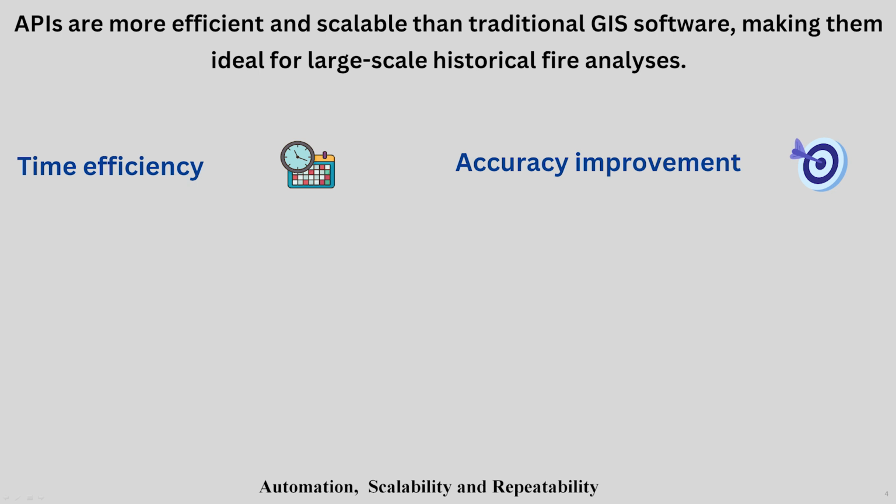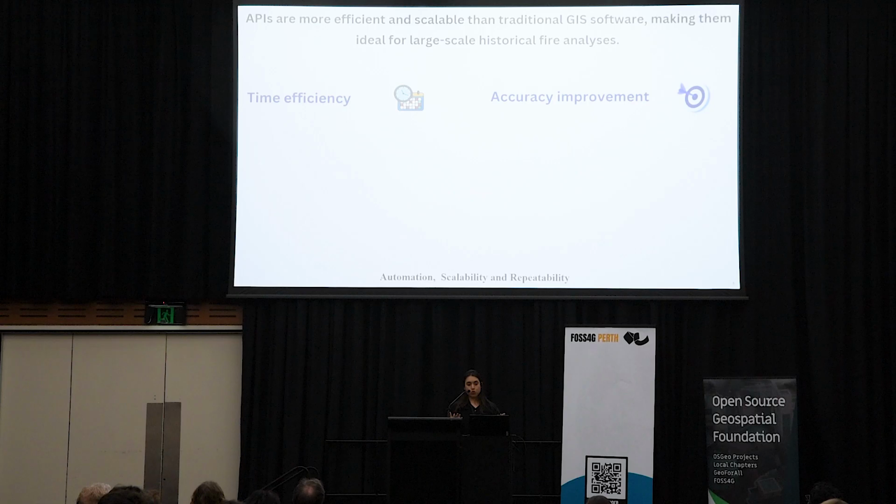So in this sense, APIs were very effective, and they proved very efficient for me to conduct this study, compared with traditional GIS software, because when dealing with historical fires, you're dealing with a large data set, spatially and temporally.